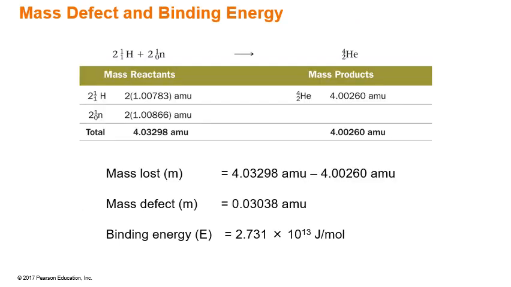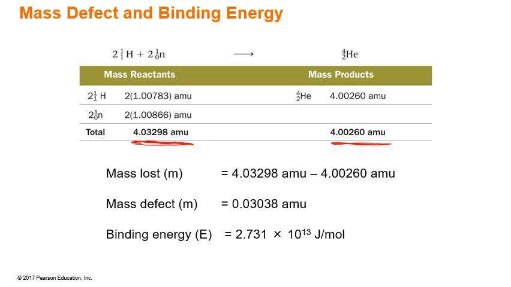So if we look at fusion, here we have two hydrogen atoms and two neutrons that are being bound together to make helium. And again, this is the reaction that happens in the sun.